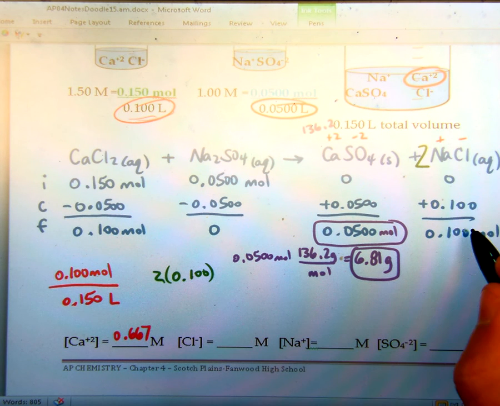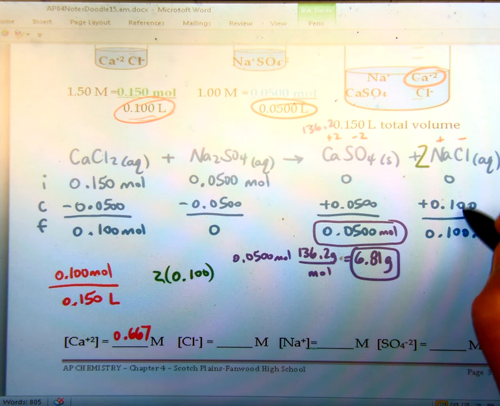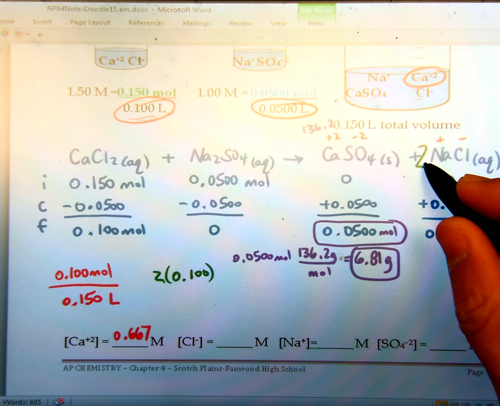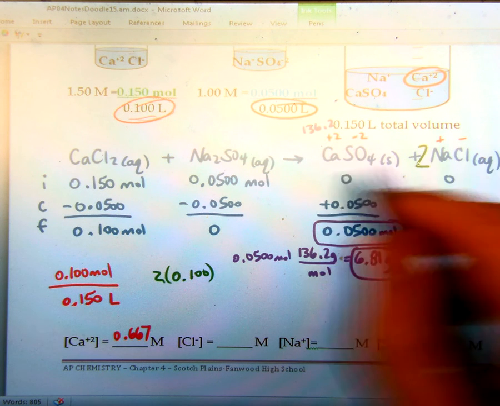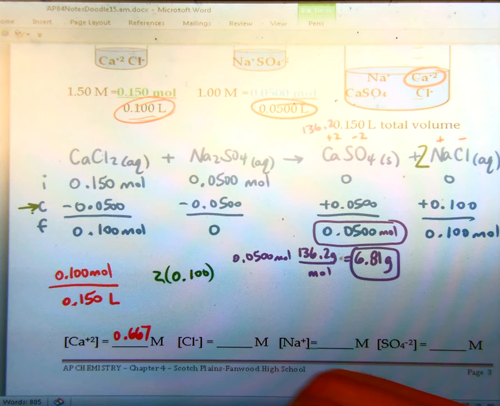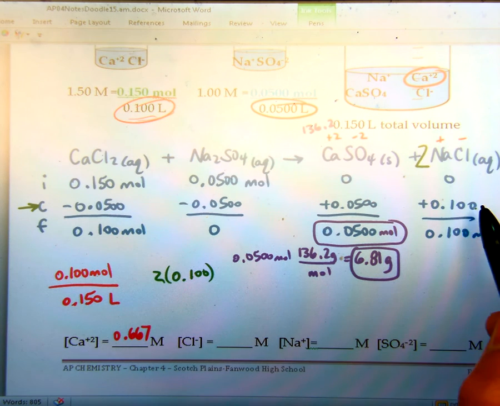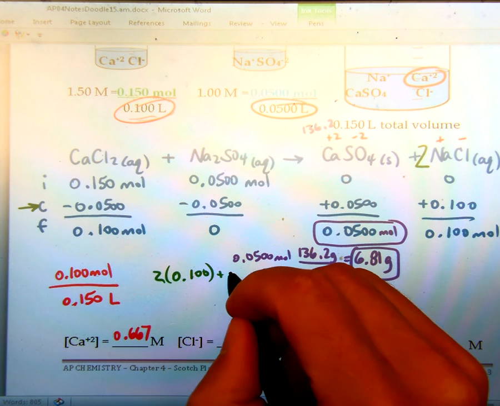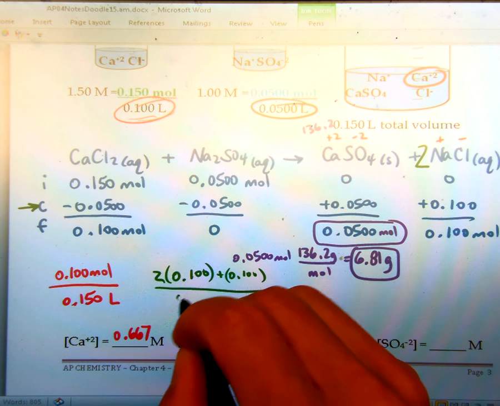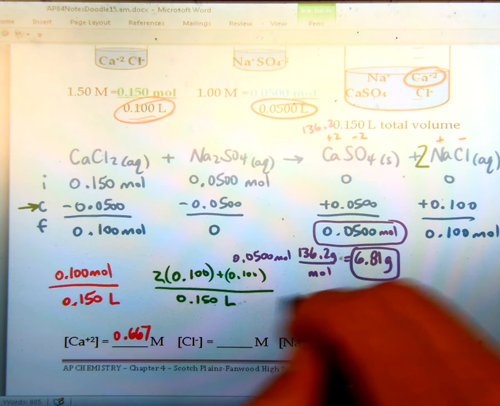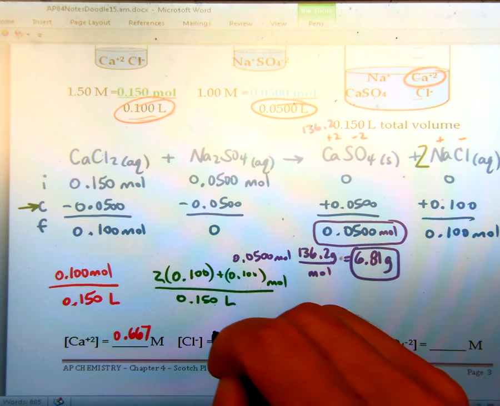And we're also going to look at some chloride left over right here, and that's going to be 0.100. However, we're not going to use the big 2. The big 2 only is used up to the coefficient line. So do not use that past the coefficient change line there. So there's just going to be a plus of 0.100 from that. So that's going to be 0.300 over 0.150. You should be able to do that in your head as a 2.